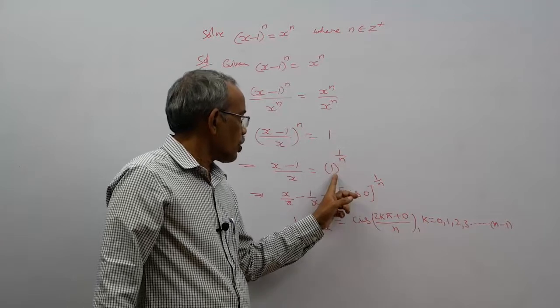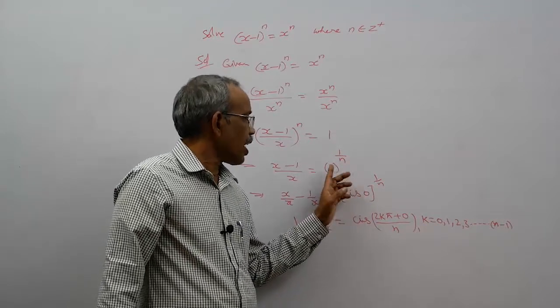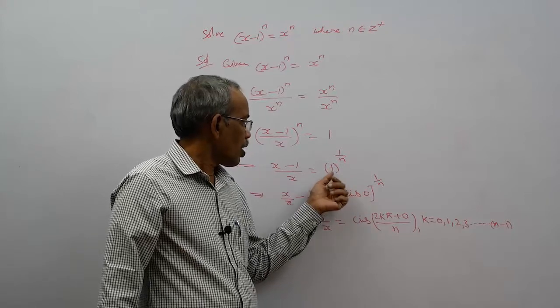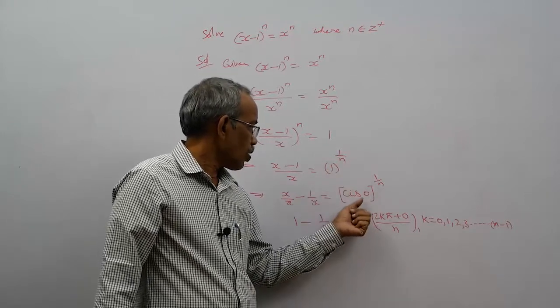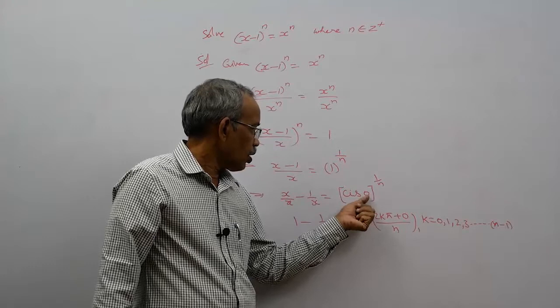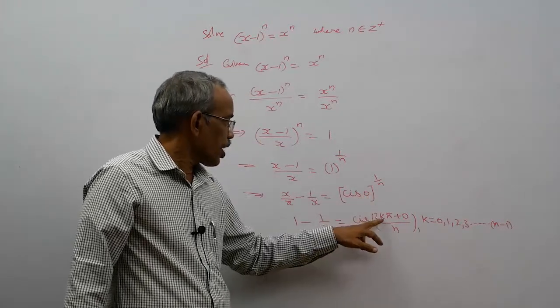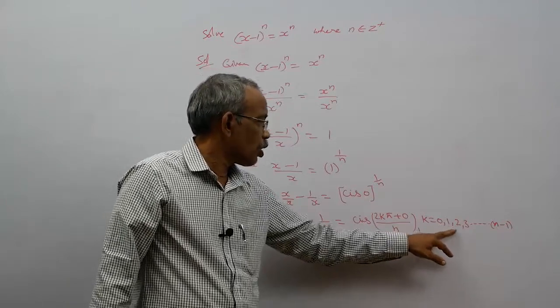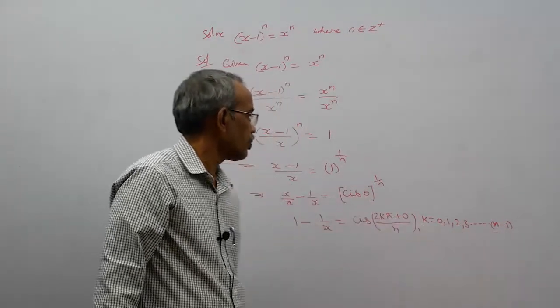To write the n values of 1 to the power of 1 by n, we have to take this angle as (2k pi plus 0) whole divided by n, where k equal to 0, 1, 2, 3 up to n minus 1.